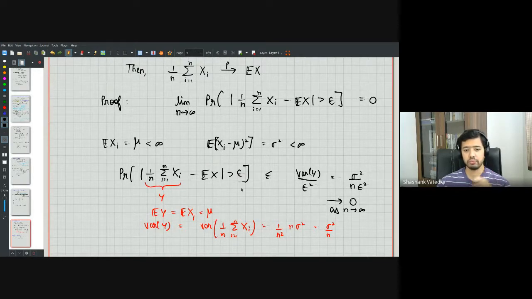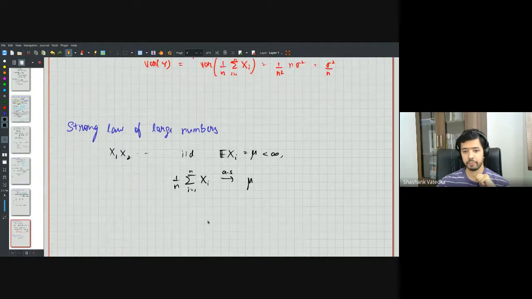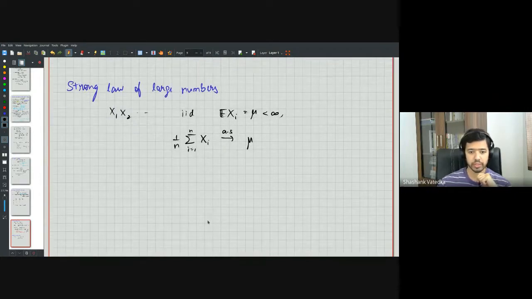So if you try to invoke Chebyshev's inequality directly, then you cannot prove that the convergence happens almost surely, right? Because why does that happen?